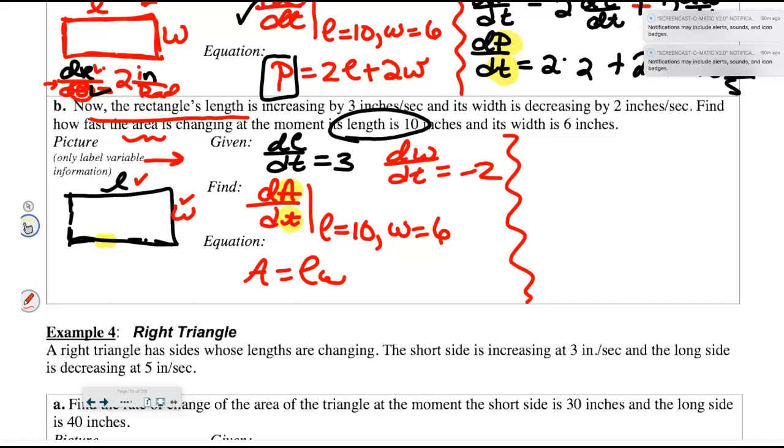Pulling on the length and squishing the width down. Once you take the derivative, it's kind of like you jumpstart the problem. You get things in motion. All right, so my dA dt is going to be the derivative of the right-hand side. Super important, hopefully, that you understand what's going to happen on the right-hand side. Because what is this function?